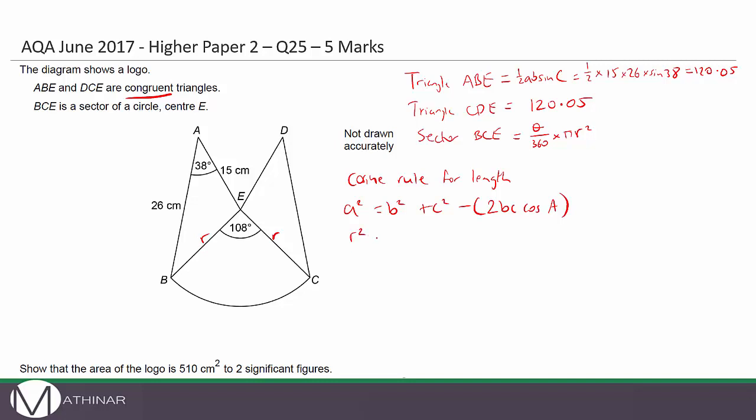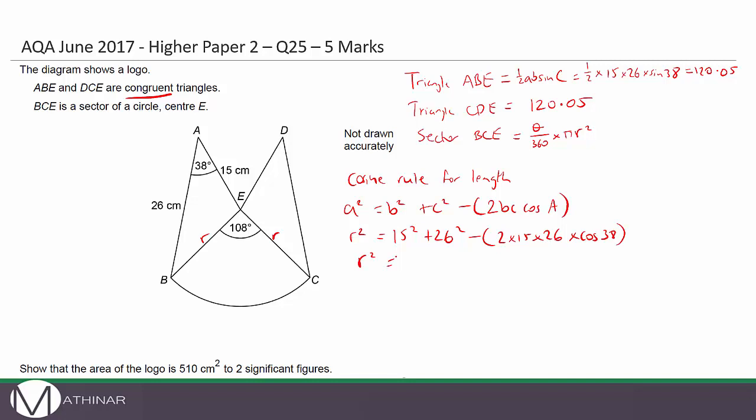So r squared is equal to b squared, which is the 15, that's opposite there, plus c squared. So this will be my c. So little c is 26. So 15 squared plus 26 squared minus 2 times 15 times 26 times cos of angle A, which is 38.